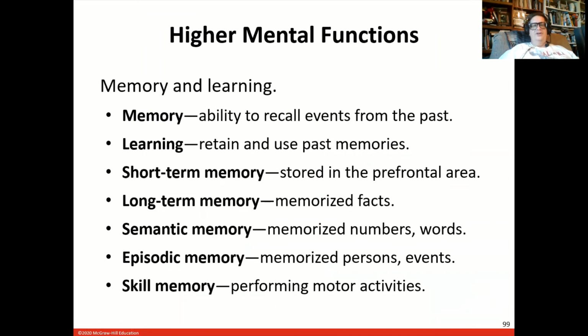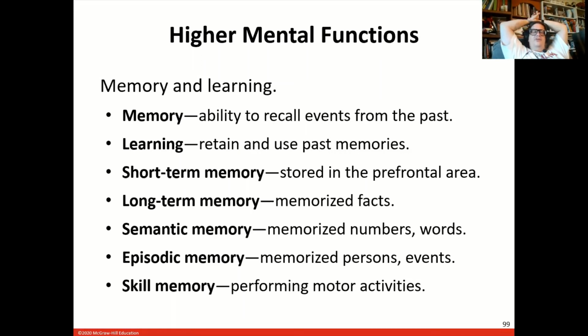So let's go through types of memory. Memory is anything that lets you remember things that have happened. Learning is a little different. You can remember things from the past and use them to help guide what's going on now. And we have short-term, long-term, semantic, episodic, and skill memory. So let's go through all of these.